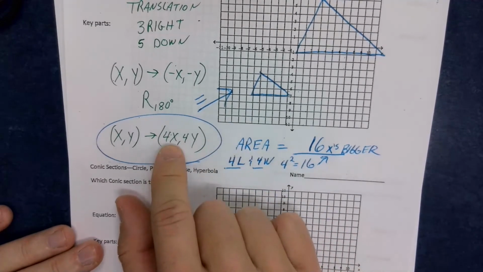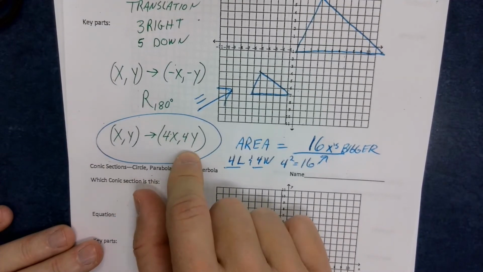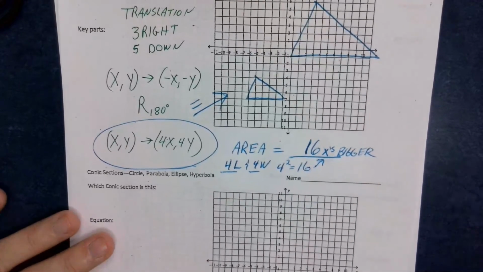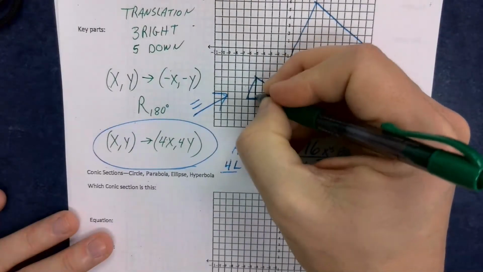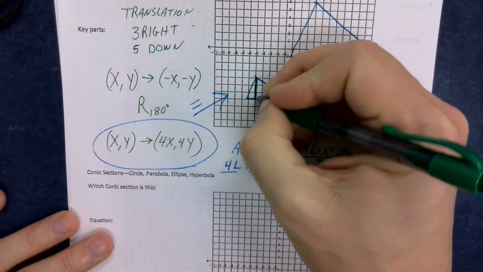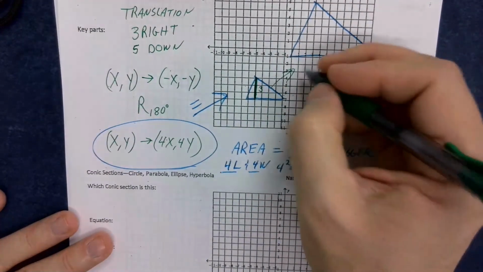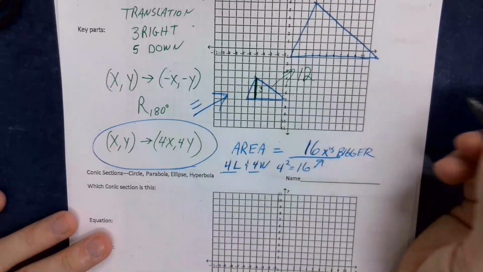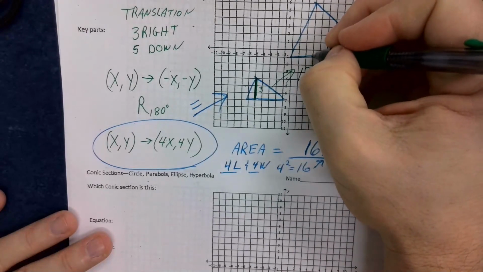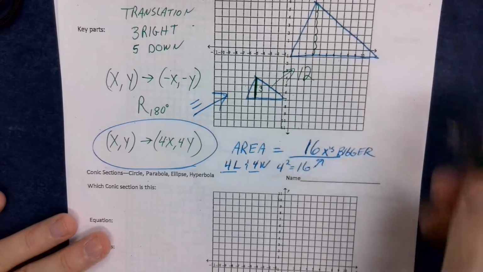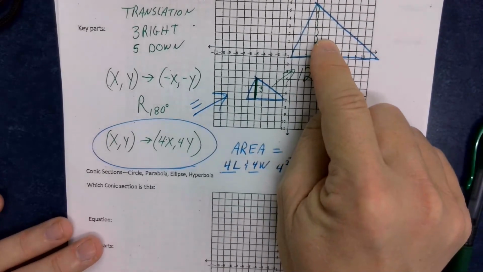Because this one shows that it should be a scale factor of 4. You can see from the picture already, this is pretty easy. It has a height of 3 right here, right? So that means that our new one should have a height of 12. And if I check it, I got 1, 2, 3, 4, 5, 6, 7.